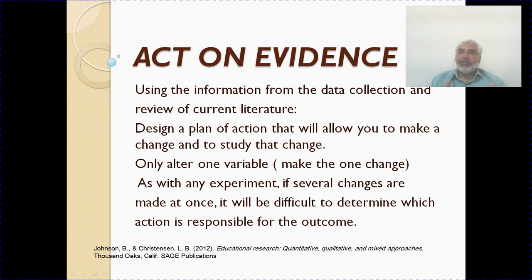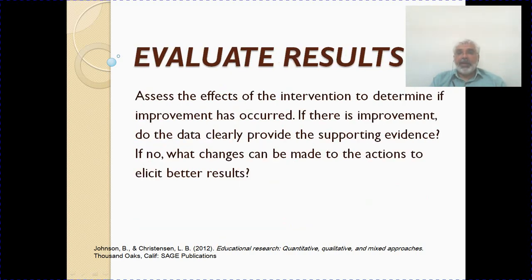So I just add one example or change one variable, which is increasing the examples that I'm solving, or increasing the problems that I'm solving, or increasing the worksheets that I'm giving to the students. So I'm just changing one variable. It is just one variable to be altered or changed, to make it very easy to determine which action is responsible for the outcomes.